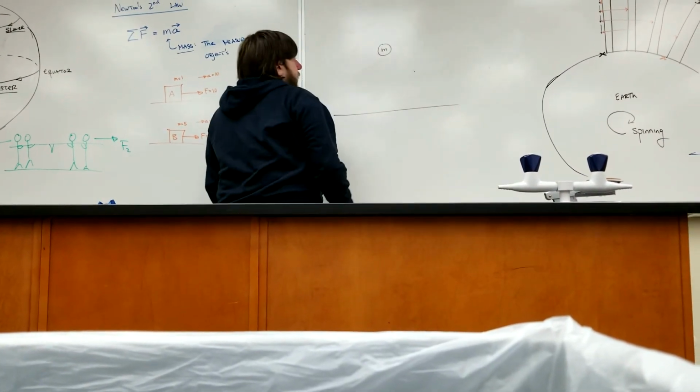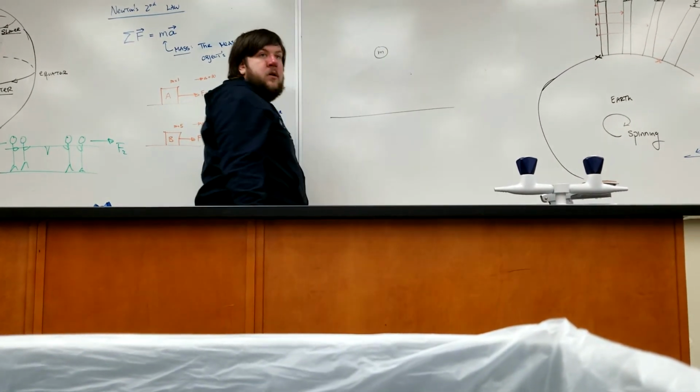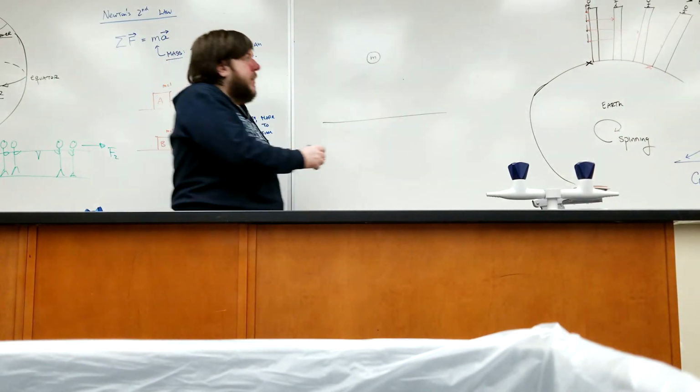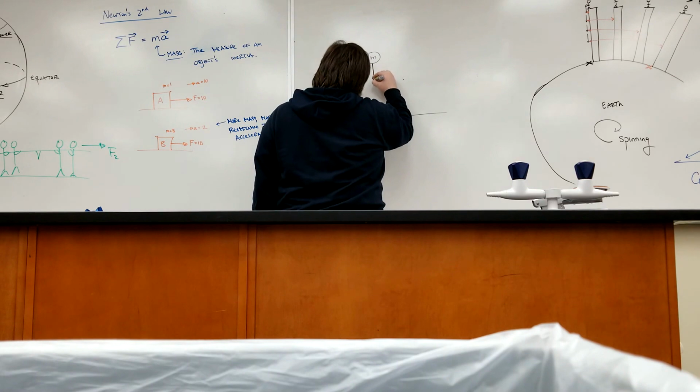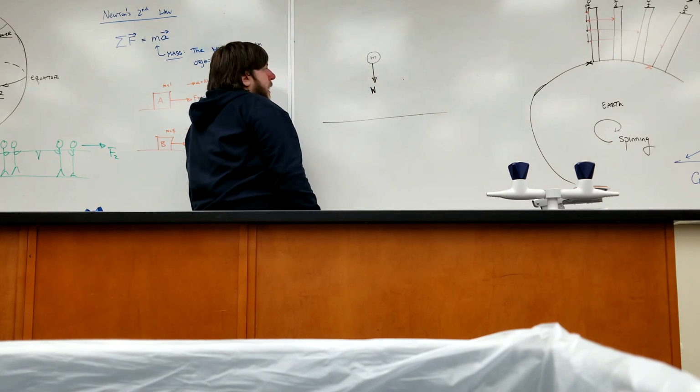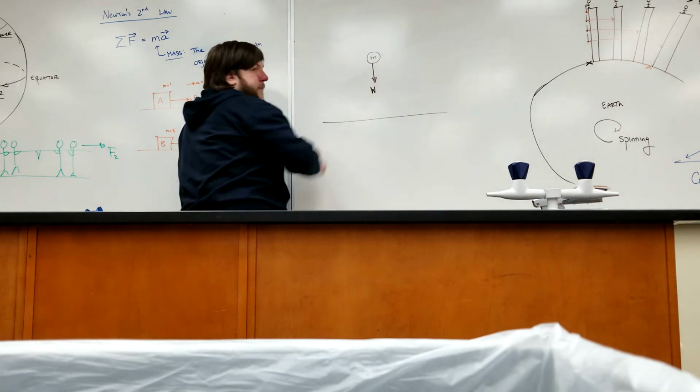Here's the surface of the Earth, and it's falling. No air resistance, no anything. The only force acting on it is gravity. We call that force weight, W. And what would the acceleration of the object be?